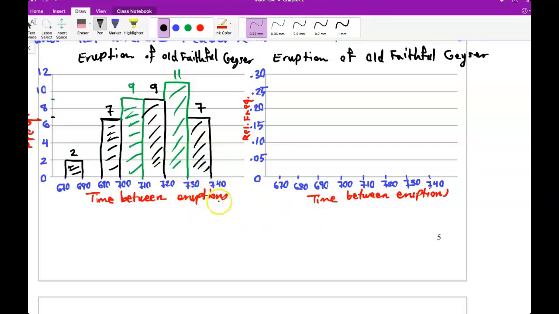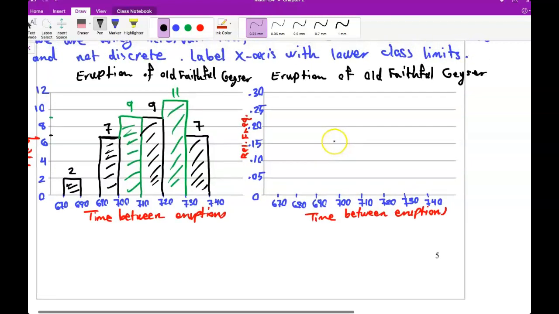So this was for frequency, and here on this part is for relative frequency. Okay, so this is 5%, and here we have 0.044, very close to 4%.